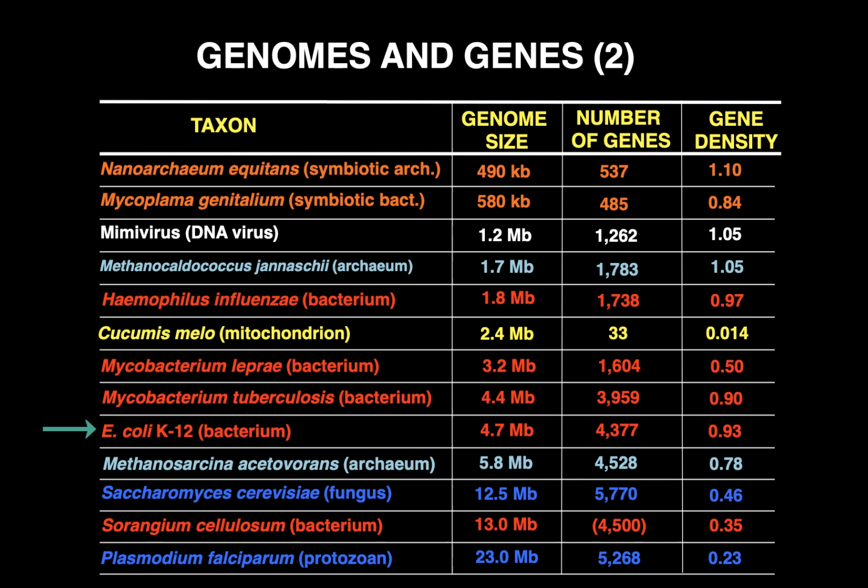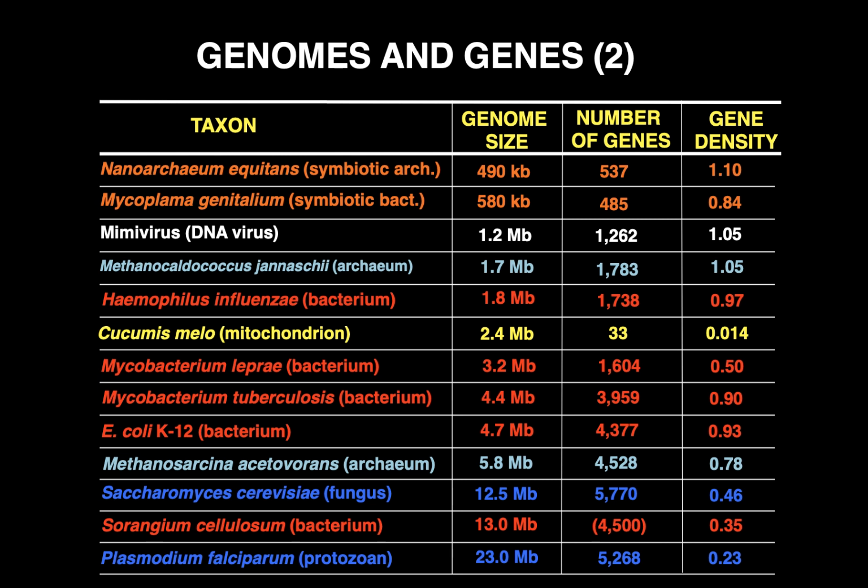But once you get to eukaryotes, Saccharomyces cerevisiae, Plasmodium falciparum, now they have larger genomes, but the number of genes doesn't increase as a proportion of that compared to bacteria. So now the gene densities are going down to 0.2 to 0.5.